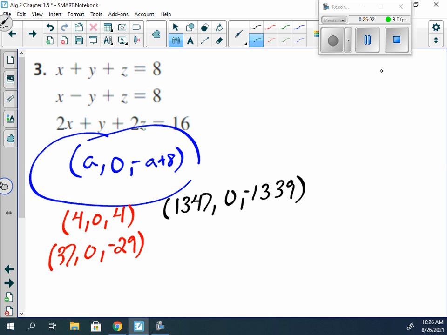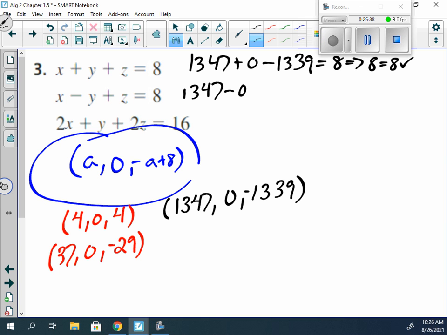So here we can say 1,347 plus 0 minus 1,339 equals 8. Well, the difference between these two is 8. 1,347 minus 0 minus 1,339 is equal to 8. Well, that's still 8 is equal to 8.